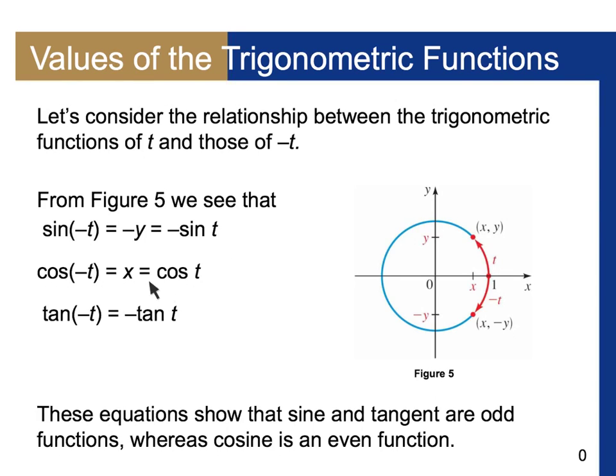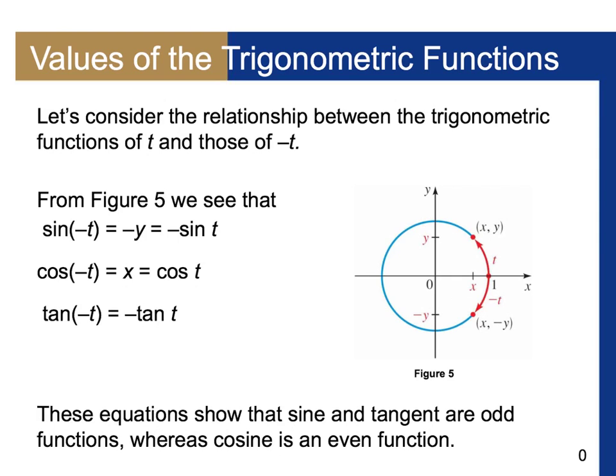Now if you remember the graphs, cosine is an even function, with symmetry about the y-axis. And sine is an odd function, which is symmetry about the origin. But we'll get into that when we look at graphs in section 5.3. And because tangent is y over x, or sine over cosine, y changes sign but x doesn't. So tangent of minus t would be minus tangent of t, okay?